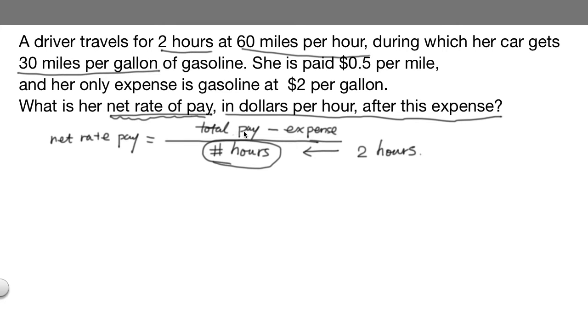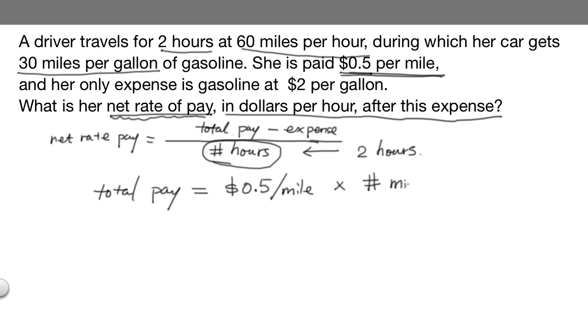The only information that the problem gives you is she is paid $0.5 per mile. So the total pay will equal $0.5 per mile times the number of miles the driver travels.